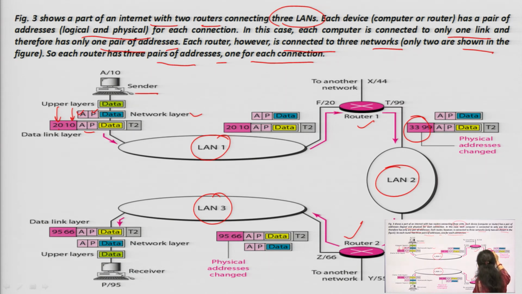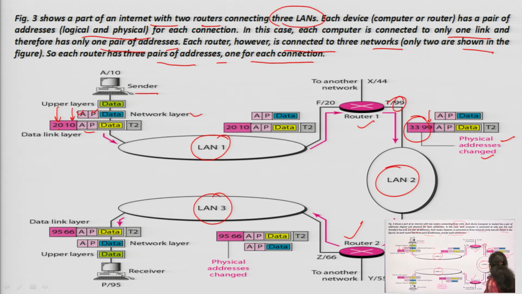So, this is the destination router, this is 33, and this is the source, that is 99. So, the physical address is changed. Why is the physical address changed? Because a router is involved in between LAN 1 and LAN 2.